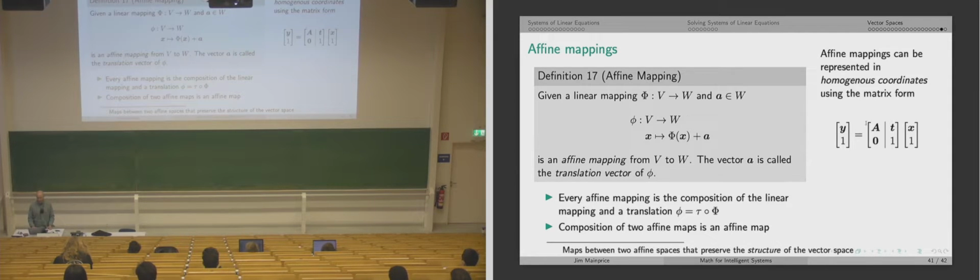The matrices that can be written in this way, where the bottom row is 0, 0, 0, whatever the dimension of the matrix, and then you have a little 1 at the bottom corner, define a subset, or subvector space actually, of the general group. And it's very important for graphics and robotics and all that stuff, where you have to do rigid body transformations. We'll see that today, hopefully.